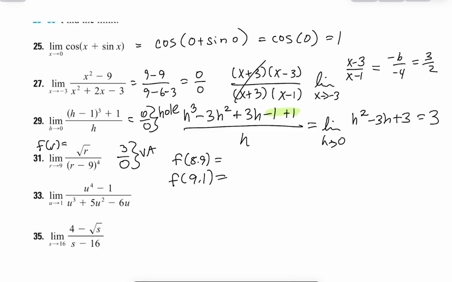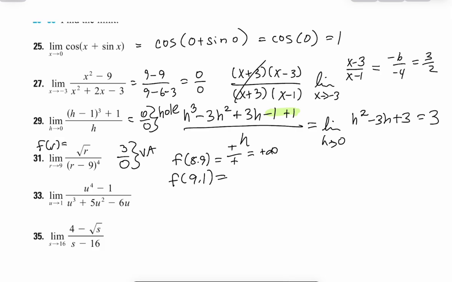If I plug in 8.9, all you have to do is think about positives or negatives, kind of like a plus minus chart. You don't have to get an actual numerical value. If I plug in 8.9, I get a positive on top over a negative number to the fourth power, still positive. I get that the left side is going to positive infinity.